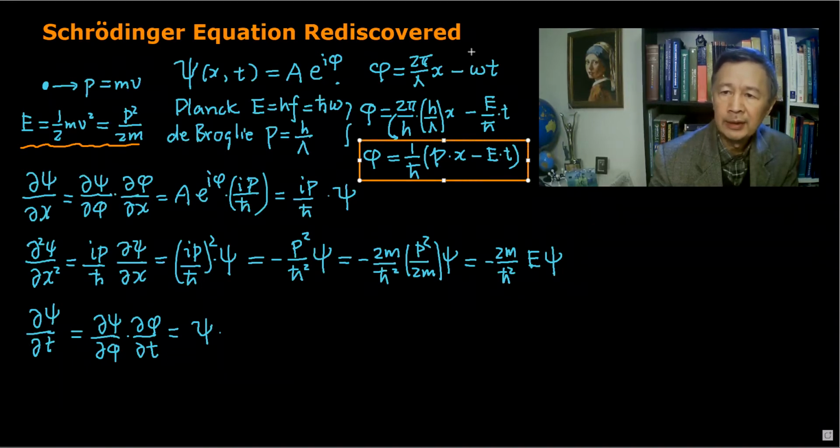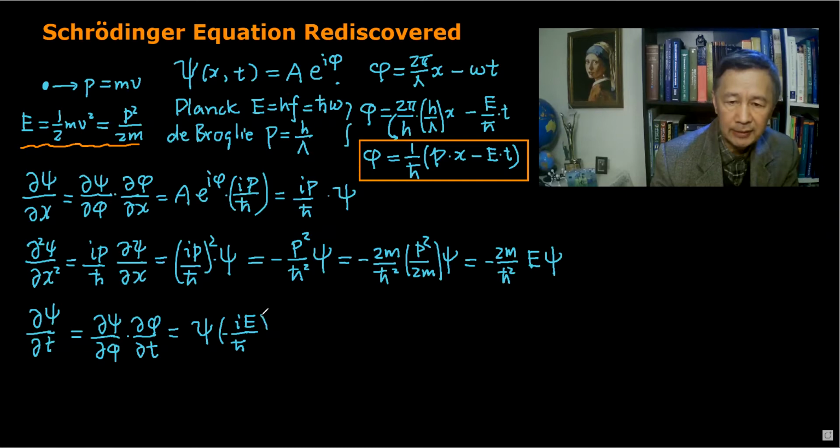And you can see that, be careful this time, the negative sign must be taken into account in front of the energy. So in this case, the factor will be i over h bar multiplied by E, with the negative sign.